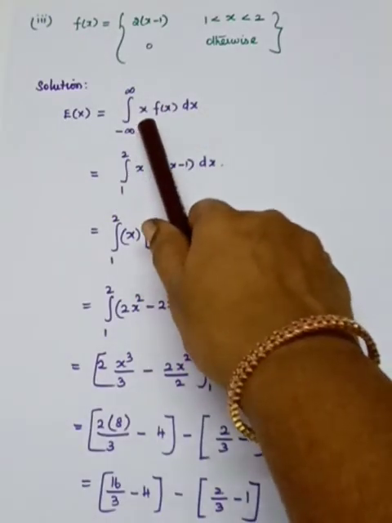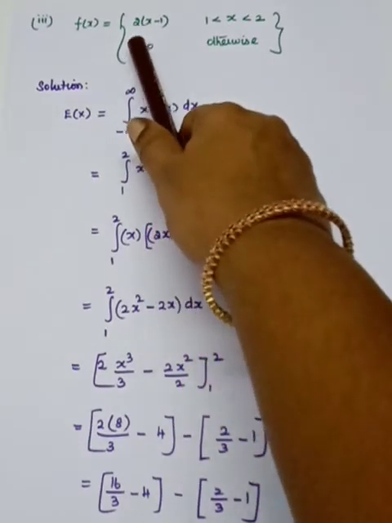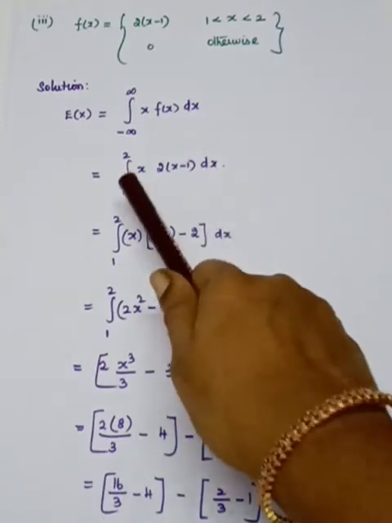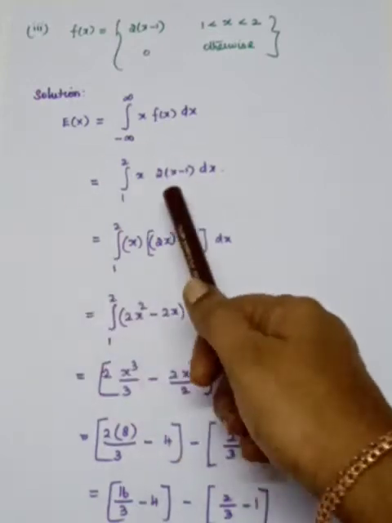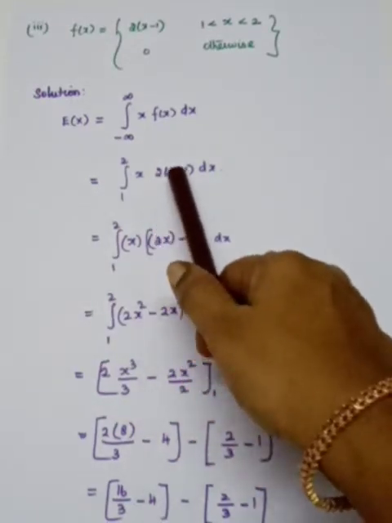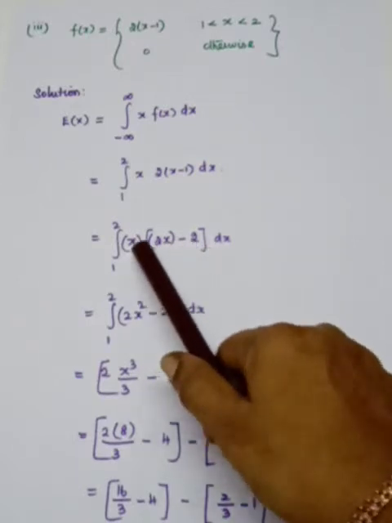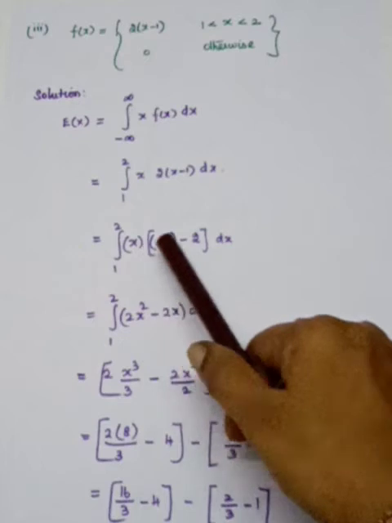Here x is written, and in that f(x) is 2(x minus 1) dx. So I have multiplied with the 2, so 2x minus 2. If you multiply with x, it is 2x squared minus 2x.